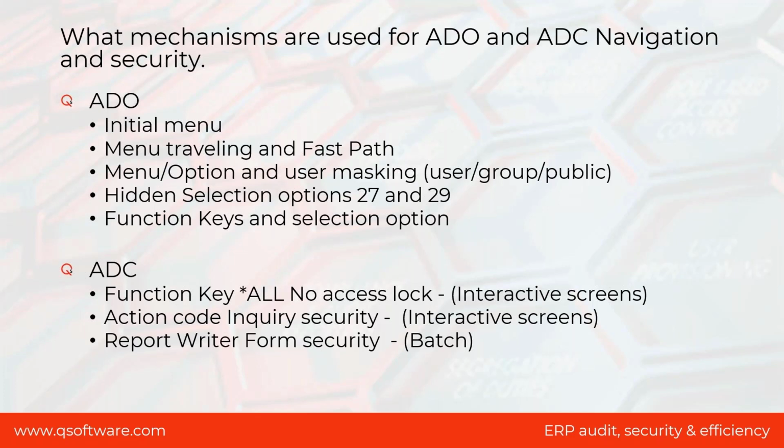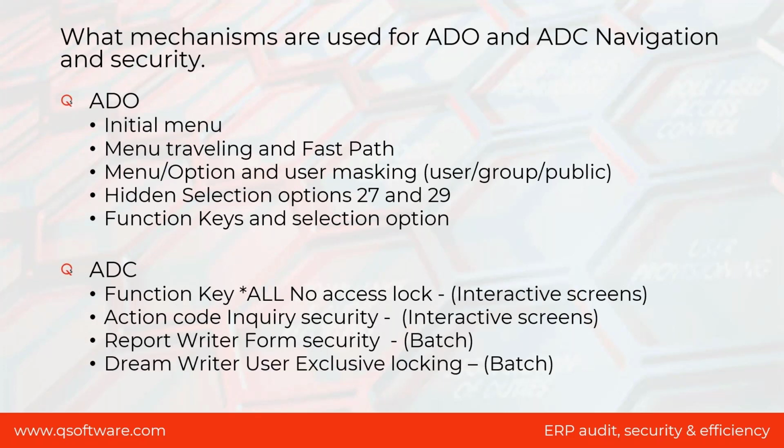From a batch perspective, you've got report writer form security, again, if you're on a late release of World, and I'll show you how that works. And if you're on an old release, you've got Dreamwriter user exclusive locking. It's not quite as clean, not quite as effective, but you can go a long way to all doors closed, even on old releases of World, for your batch applications, and I'll show you how we do that.